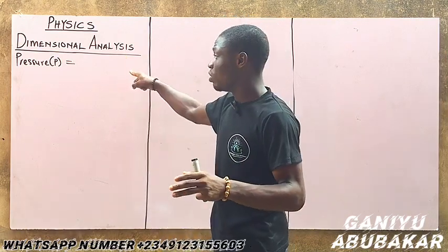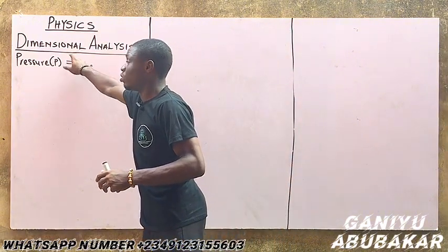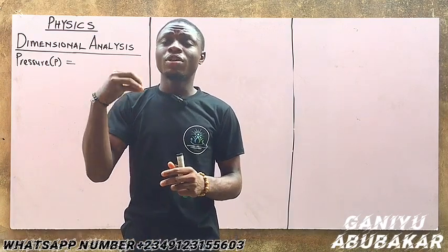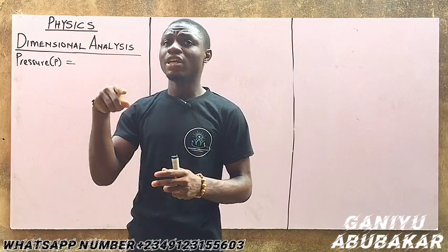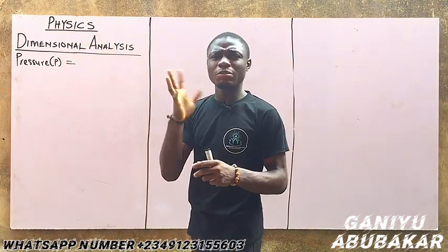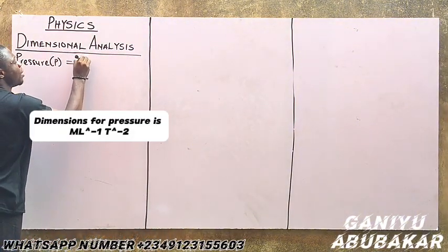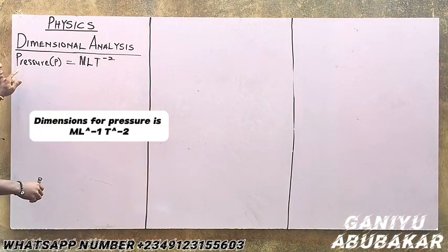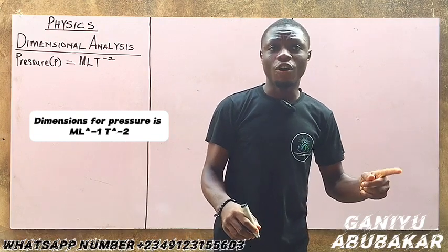In the last class on dimension, we derived the dimension for pressure. What's the dimension of pressure? The dimension of pressure is ML^-1T^-2.